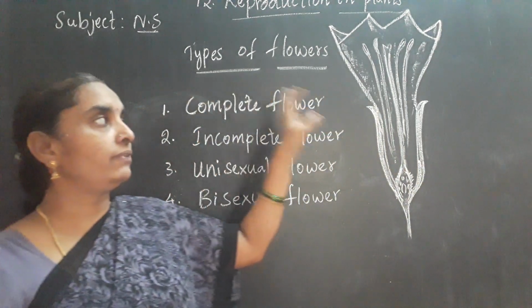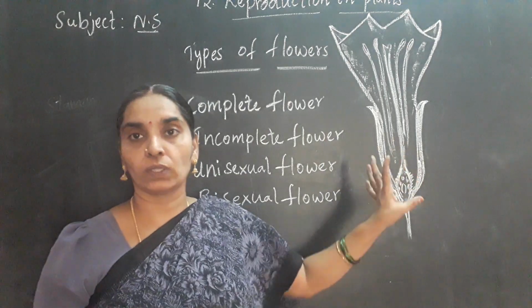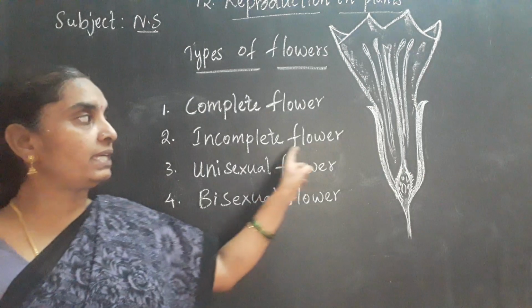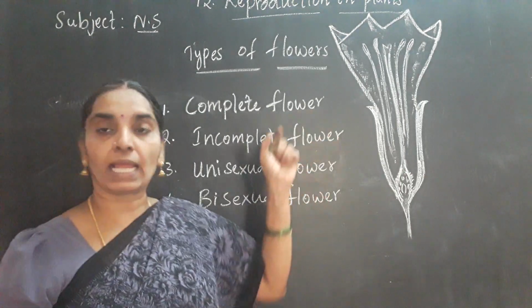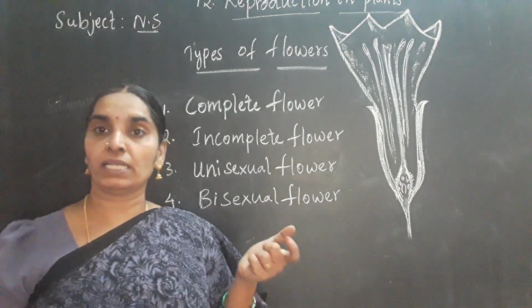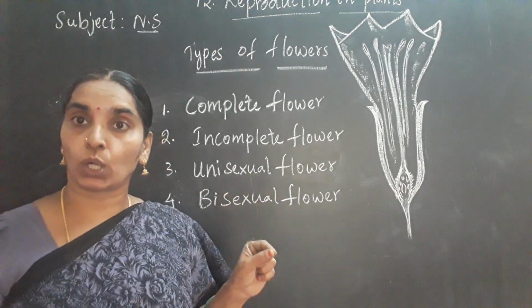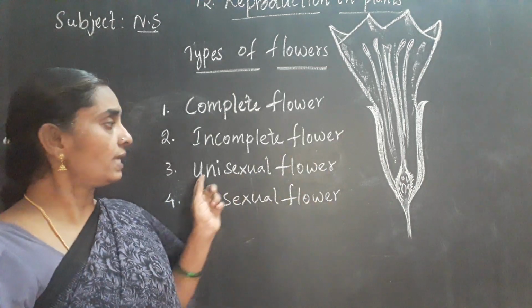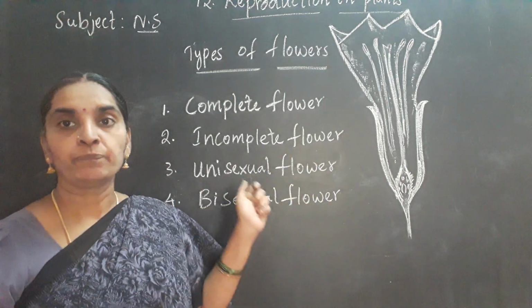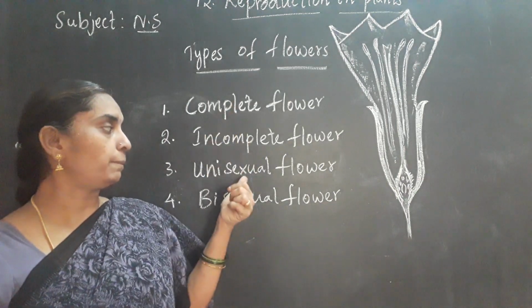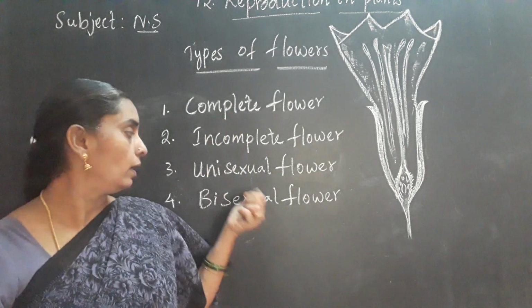A flower in which any one of the four folds is missing is called as incomplete flower. Either calyx, corolla, androecium or gynoecium, if any one is missing, it is called as incomplete flower. Another type in flower classification: you have complete, incomplete, unisexual and bisexual.